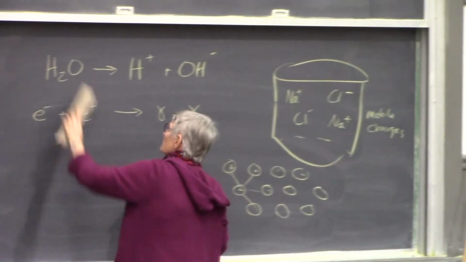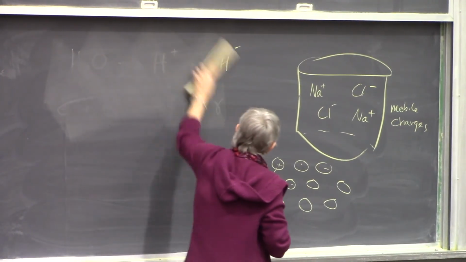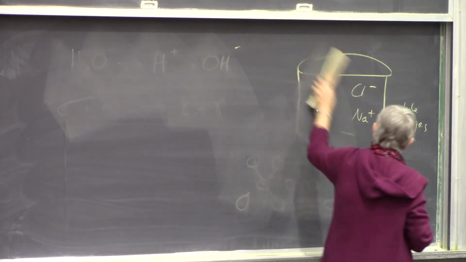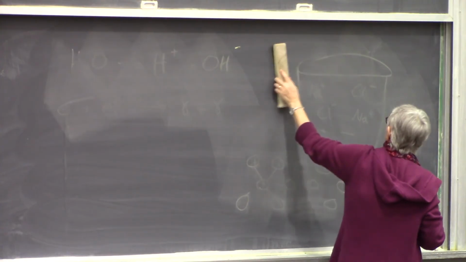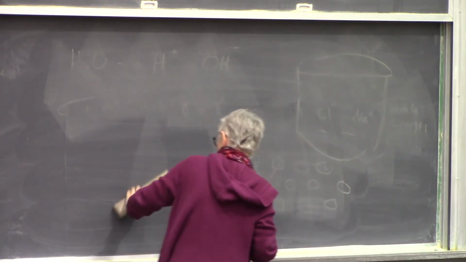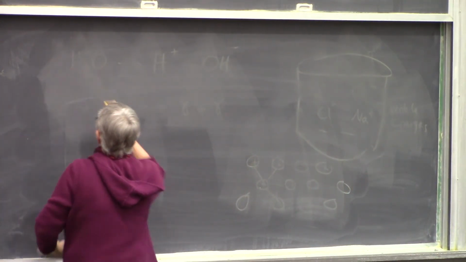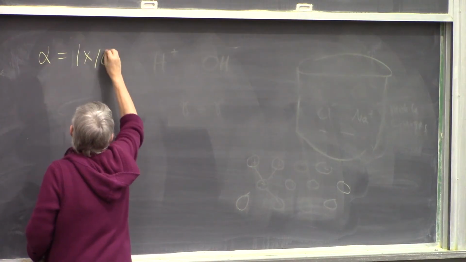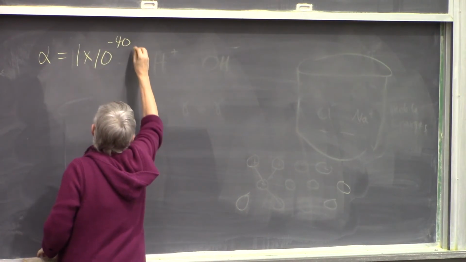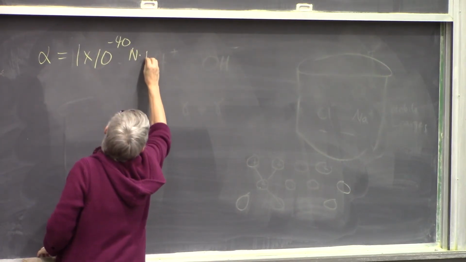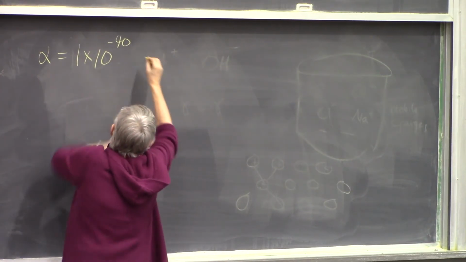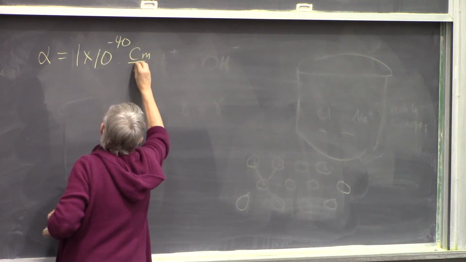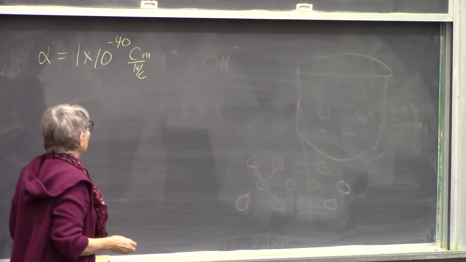Let's say that the polarizability of a particular atom is 10 to the minus 40th coulomb meters, sorry, per newton per coulomb.